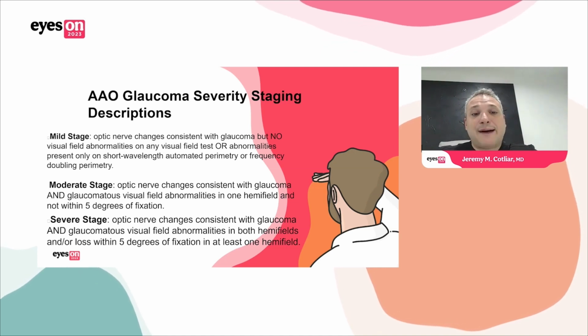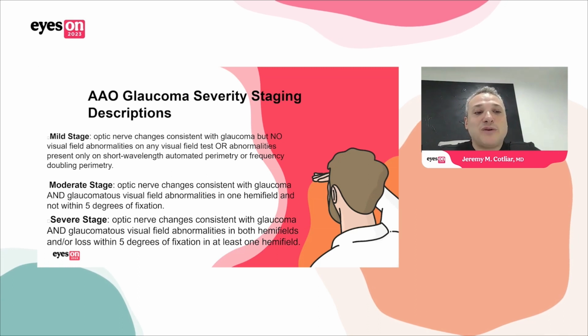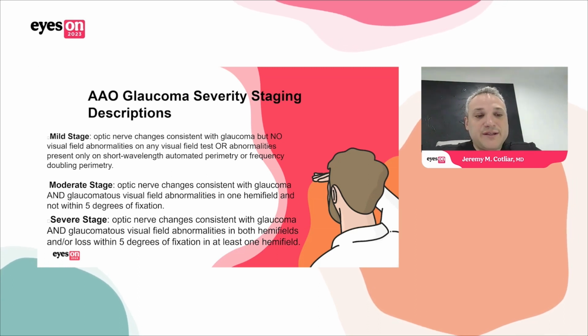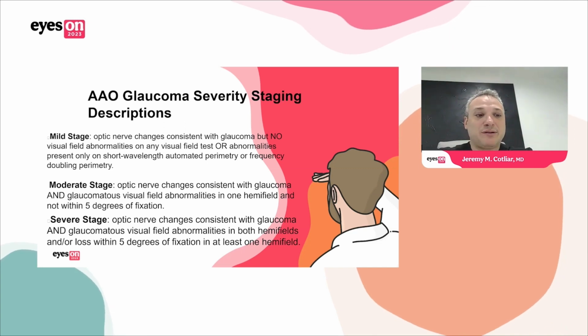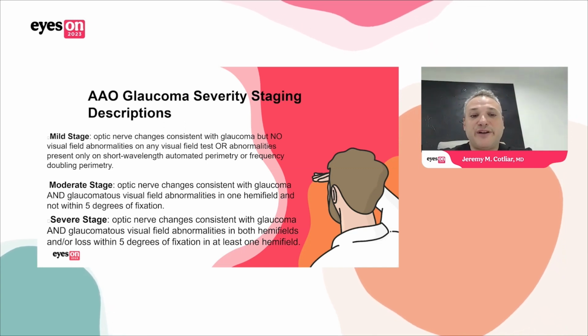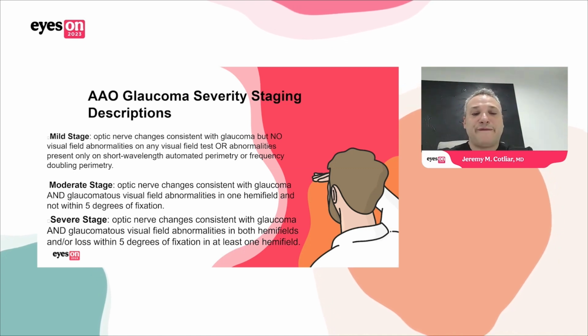Moderate stage is optic nerve changes consistent with glaucoma and with the start of glaucomatous visual field abnormalities in one hemifield and not within 5 degrees of fixation. Severe glaucoma is indicated by optic nerve changes consistent with glaucoma and glaucomatous visual field abnormalities in both hemifields and or loss within 5 degrees of fixation in at least one hemifield.